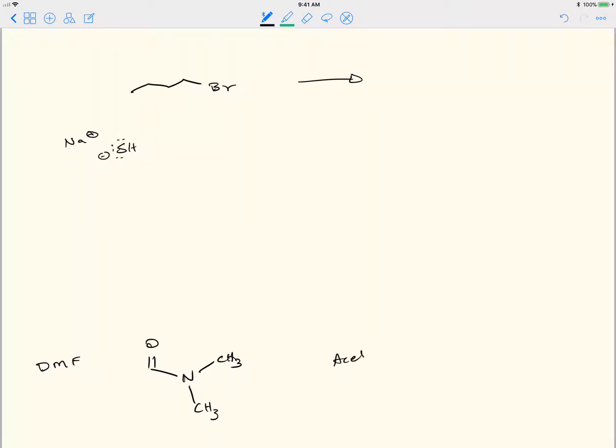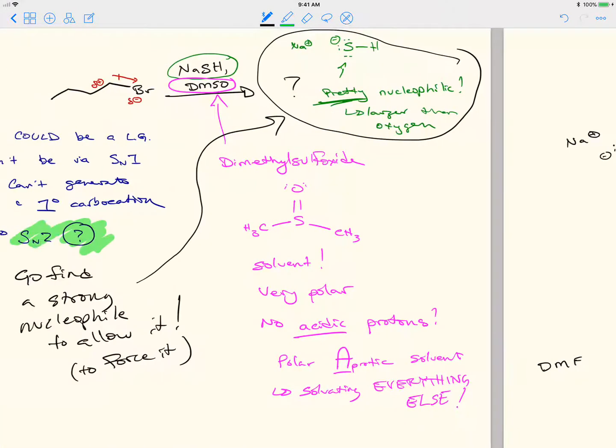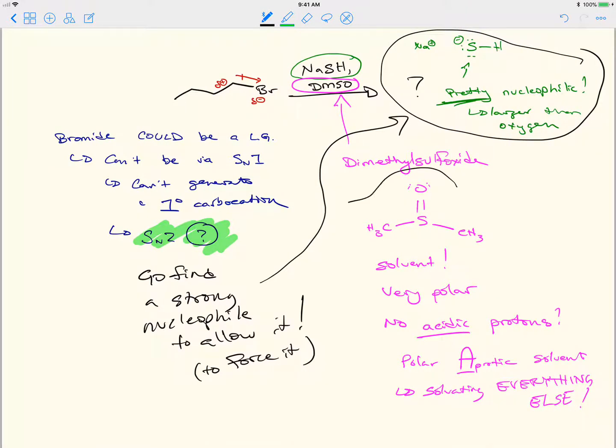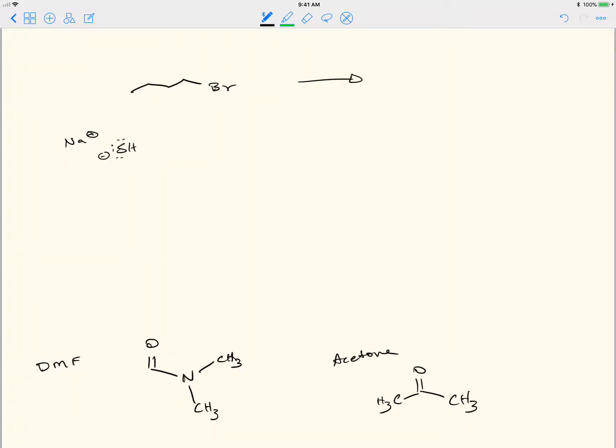Acetone looks like this. If you notice, it looks a lot like dimethyl sulfoxide, right? Dimethyl sulfoxide right here, except instead of a sulfur in the middle, it's just a carbon. Okay, and then dichloromethane, DCM.